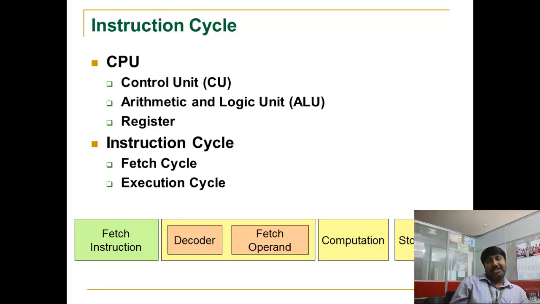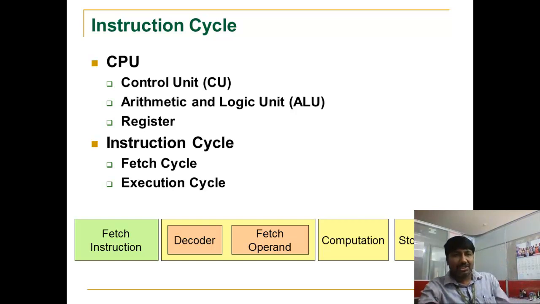First we will fetch the instruction, then we will decode the instruction as per the mnemonic or opcode, then we will fetch the operands from the memory. Then we will go for execution, that's the computation. Then finally we will store the result. This is the instruction cycle.